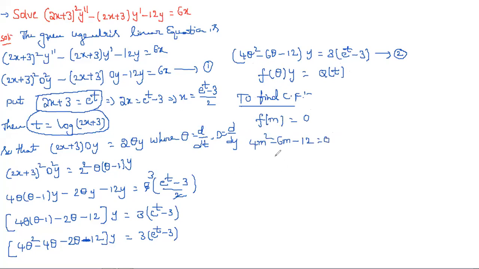If you want, you can take 2 as common: 2m² − 3m − 6 = 0.